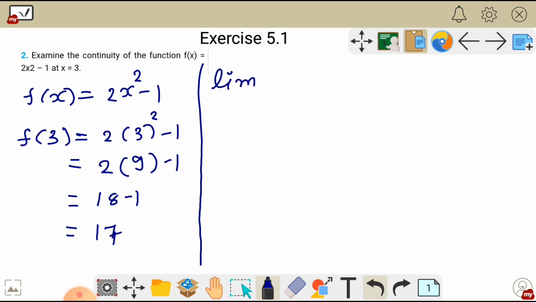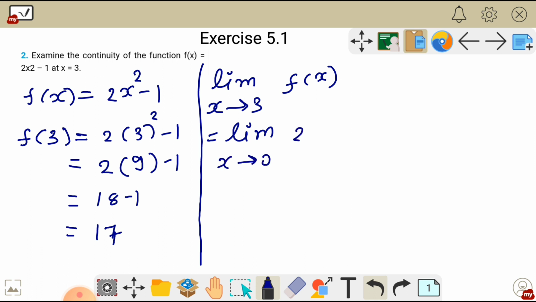So limit x tends to 3, f of x is equal to limit x tends to 3 of 2x square minus 1, which is equal to 2 in the bracket 3 square, and here I have written 0 but it is 3, sorry for that, minus 1.